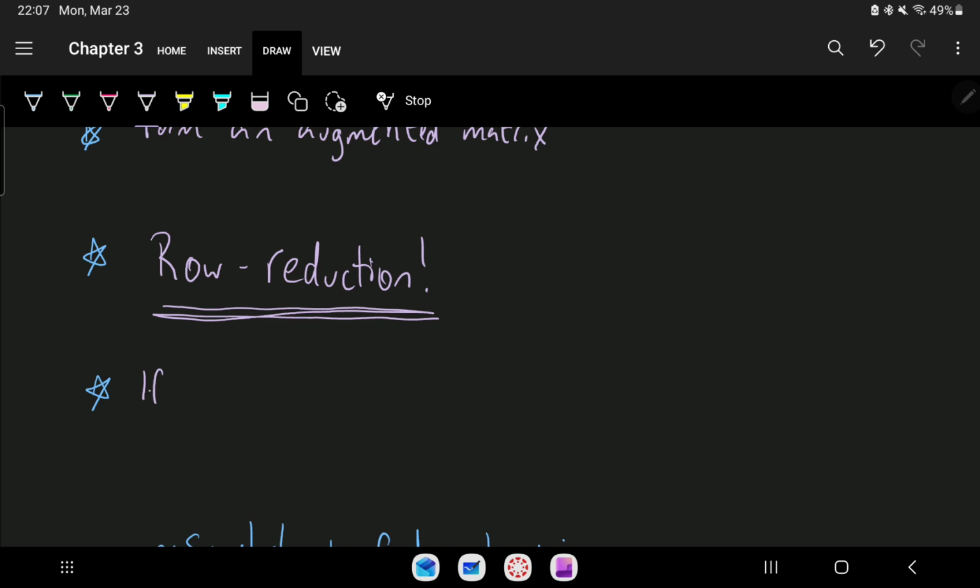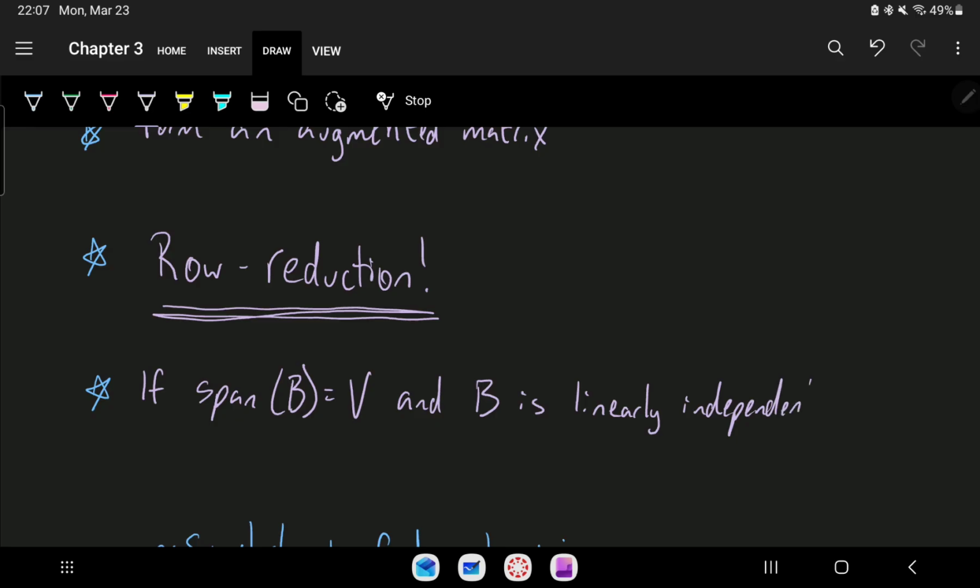So if the span of the proposed basis is B, and B is linearly independent, the set is a basis. And this is an exclusive if, right? So if either of those things are not true, you do not have a basis, right?